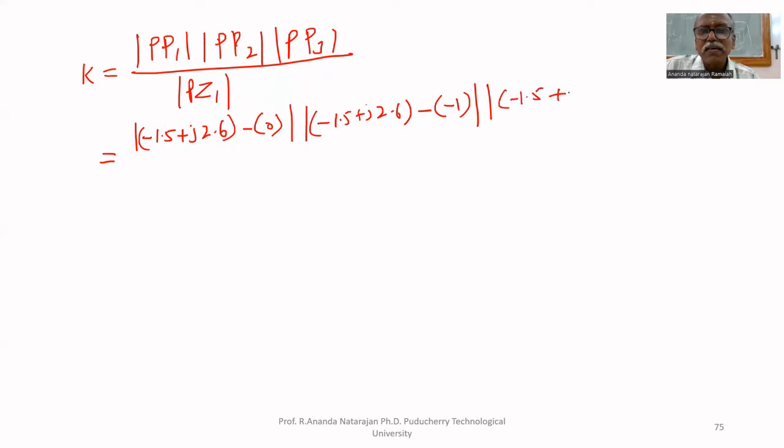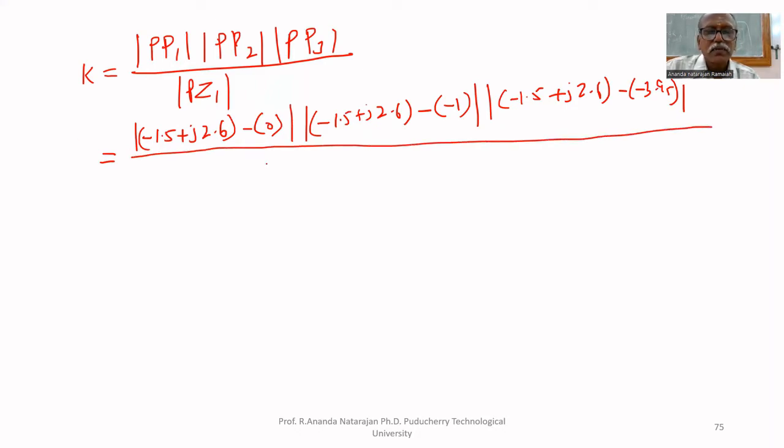Minus 1.5 plus j 2.6 minus 3.95, whole divided by modulus of minus 1.5 plus j 2.6 minus of minus 1.85. That's all, because the other is 0. That gives K.